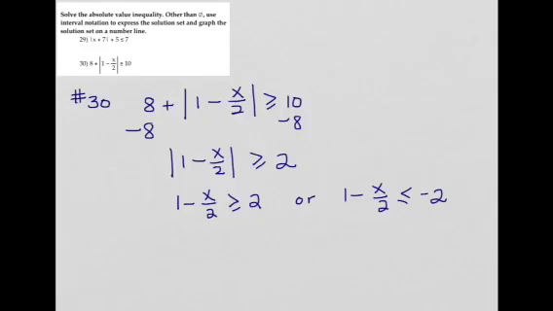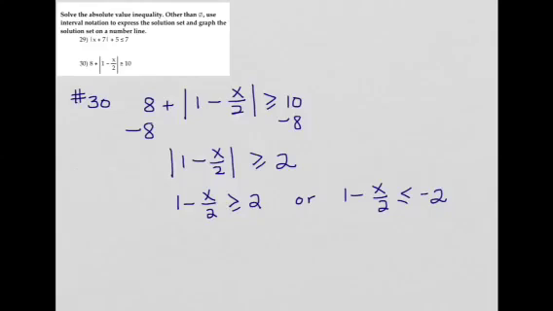Because if this whole quantity inside the absolute value bars was equal to negative 5, then that would satisfy this inequality, because we'd take the absolute value of negative 5 and say, sure, that's greater than or equal to 2. So we have two possibilities here.